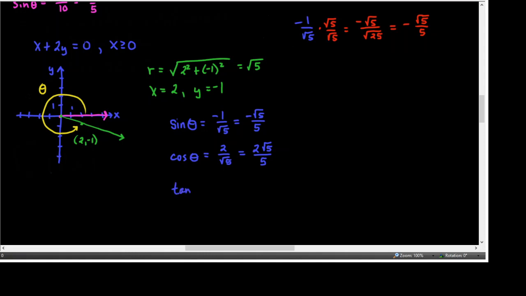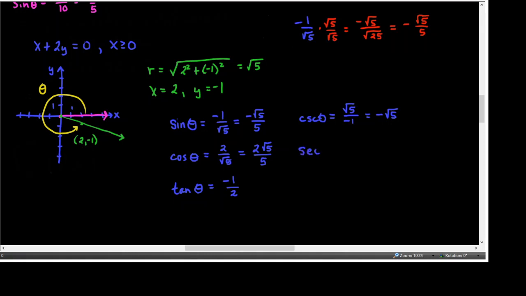Okay, hopefully you were successful. Tangent of theta is y over x. Negative 1/2 is that answer. Cosecant of theta is r over y. That simplifies to be negative square root of 5.